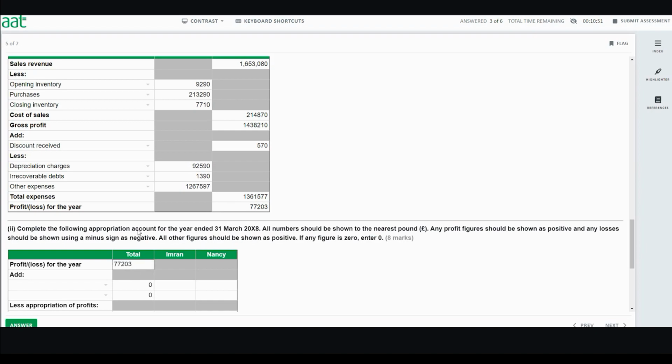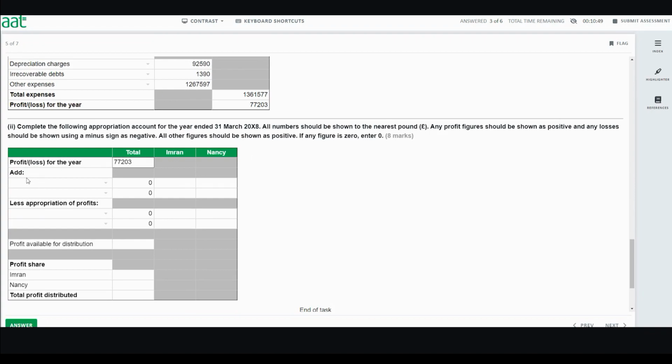Because now we're going to do the appropriation account for the partners, okay? So remember, you add on any interest we're charging them on drawings, you take off any interest that we're paying them on capital or any partner's salaries, okay?